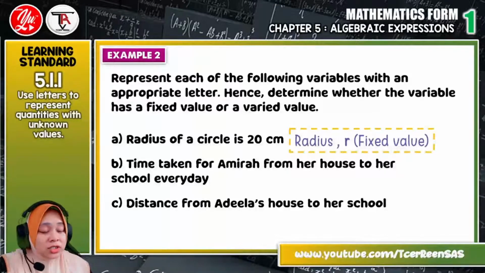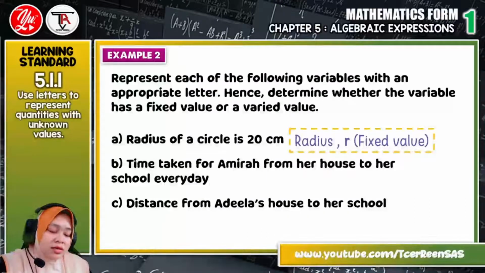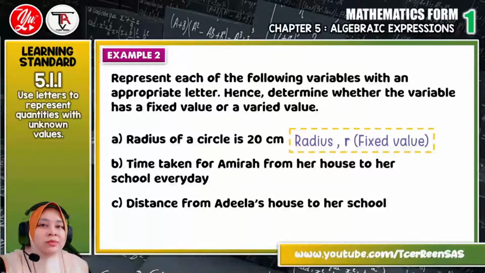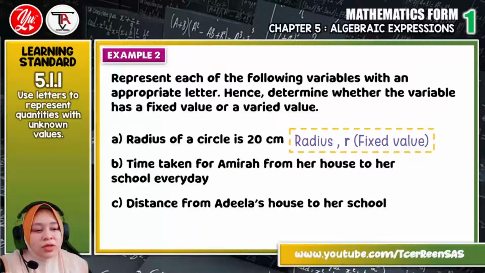Does not change. For B, time taken for Amira from her house to her school. Does the time change over time? Yes, it depends on Amira's feeling on that day, whether she is energetic or she is slowly driving or walking to her school. So the time is varied, it changes over time.